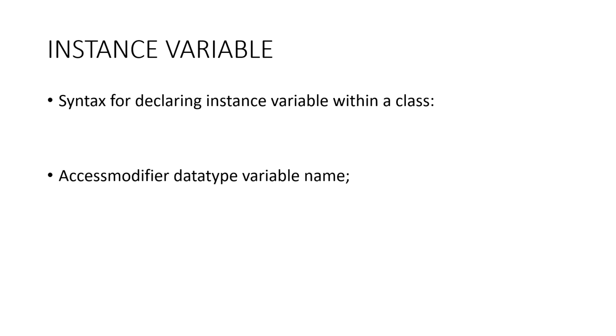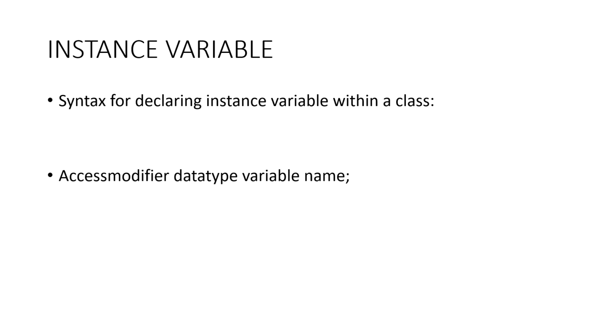What is the function of the access modifier? The access modifier tells how other methods in the class will access a particular member.